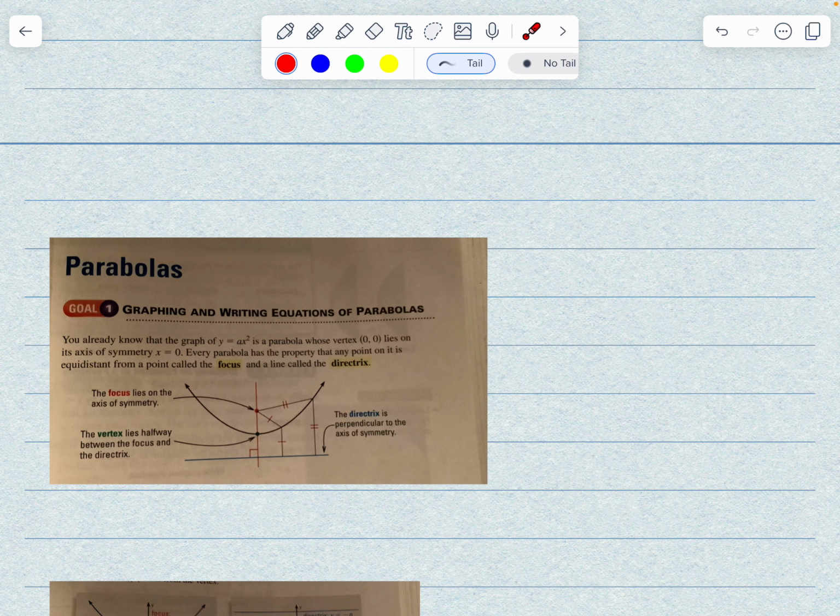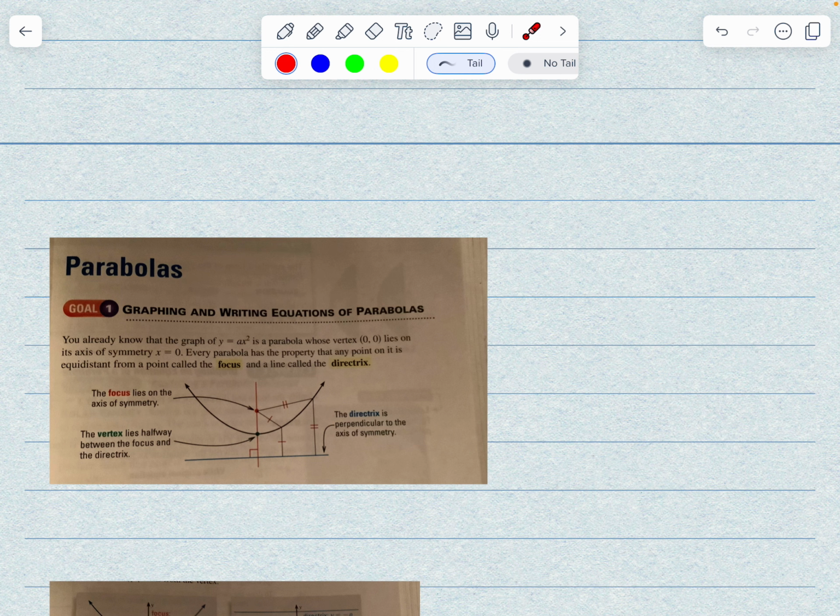You can see the parabola is here and the directrix is here, and the directrix is always perpendicular to the axis. Okay, so that's the new vocabulary for parabola, directrix. The next one is focus. Now the focus lies on the axis of symmetry. Okay, that point, just like we had a vertex, this is the focus. Focus lies on the axis of symmetry.